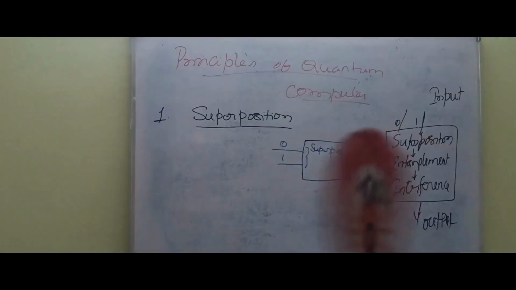So if I make it like this, what do you see? The coin is rotating. You can't see either 0 or 1 state. Both are rotating. The coin is in multiple states. Not 0, not 1. Understood?